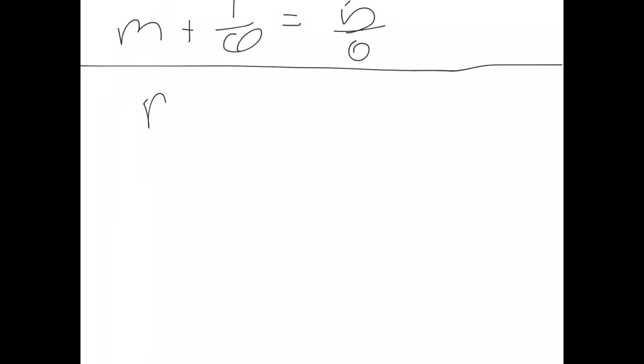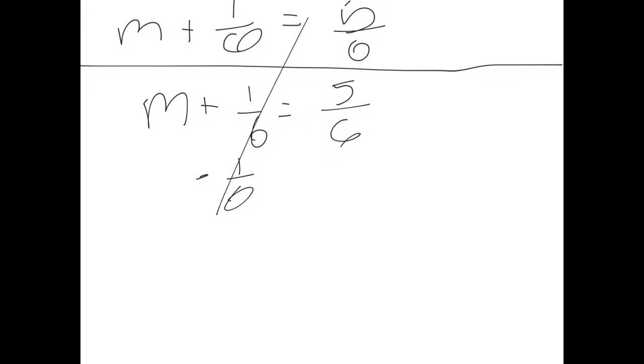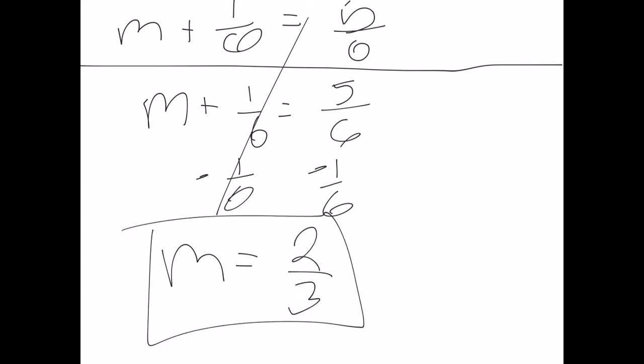To solve m plus 1/6 equals 5/6, first you must subtract the 1/6 to get m by itself. Then we just bring the m down, equals 5 minus 1 is 4, and 4/6 equals 2/3. There is our answer.